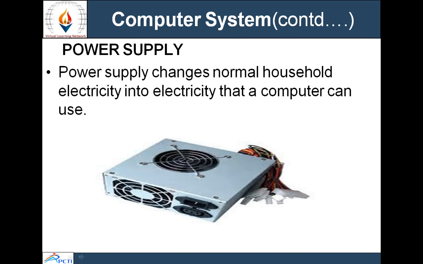Power supply. Power supply changes normal household electricity into electricity that a computer can use. A power supply or power supply unit is an internal component used to supply the power to the components of a computer. Power supply is rated by the number of watts it generates.